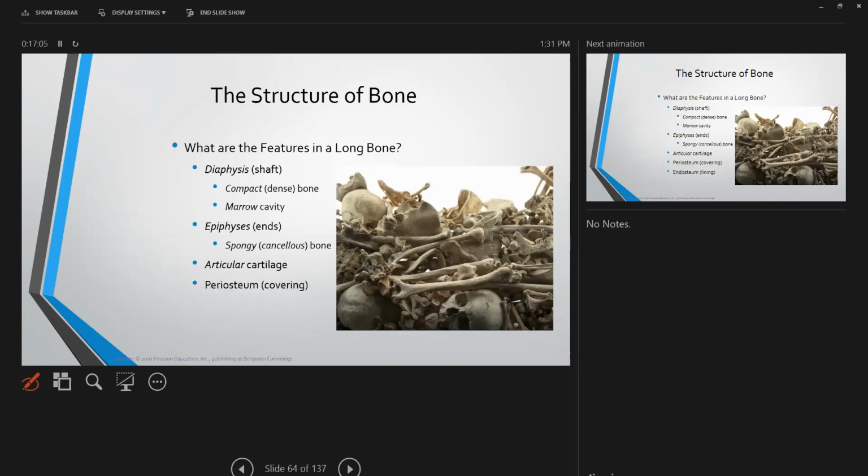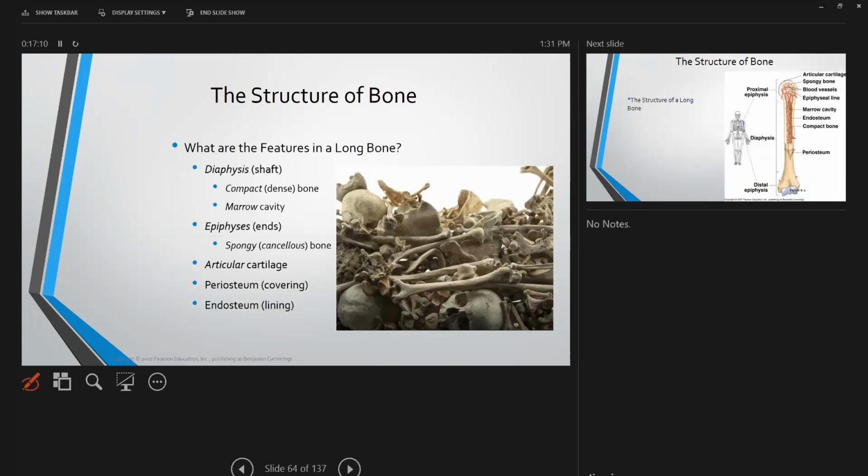And then the coating of the entire bone is the periosteum. If we want to talk about the internal lining, there is one. It's called the endosteum, and we don't usually mention this as much because it's not of super high yield, but it is something that we should know.